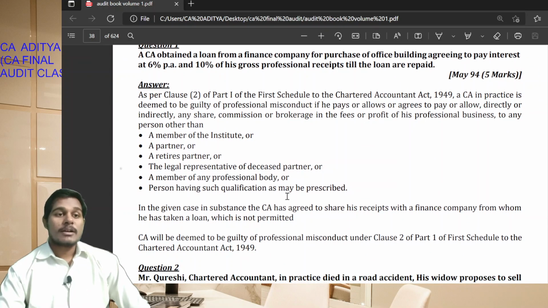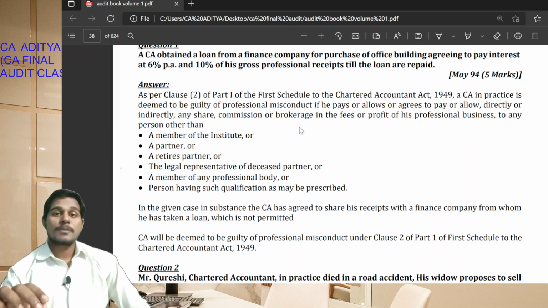See students, A. Obtained a loan from a financing company for purchase of an office building, agreeing to pay interest at 6% and 10% of his gross profits till the loan was repaid.